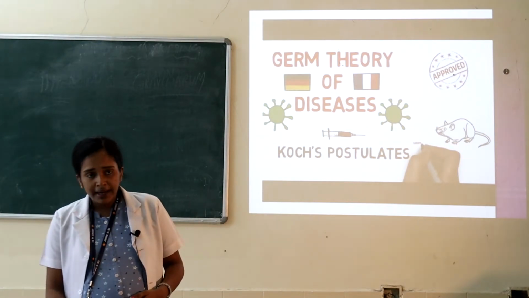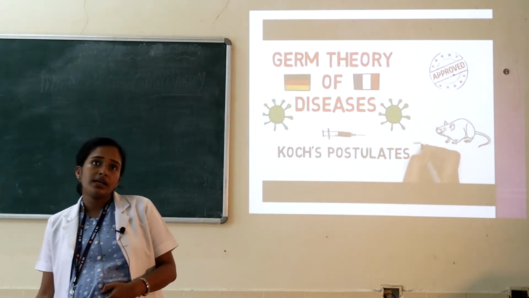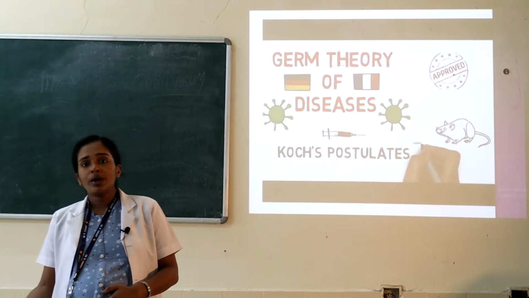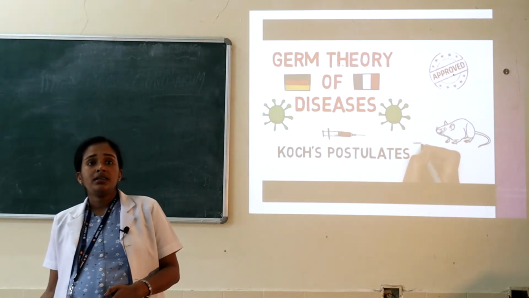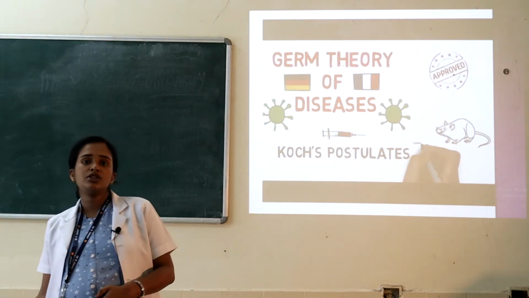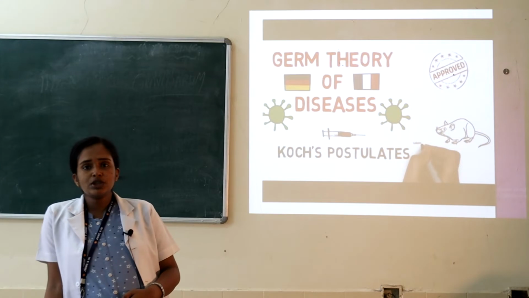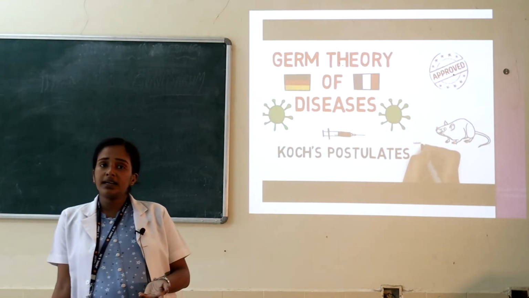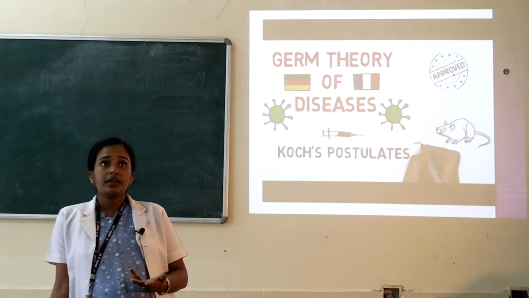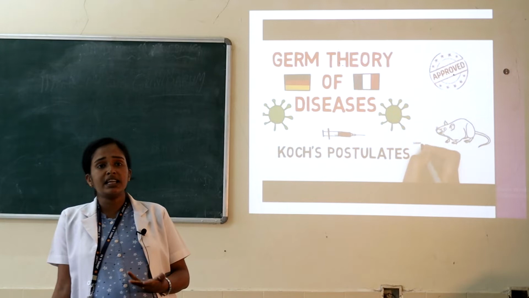So the early 19th century is considered the golden era for newer experimentations and scientific inventions, and the mid 19th century is considered the golden era of bacteriology. In the 19th century, there was an emergence of new scientists, and they did different scientific experimentation and studies.